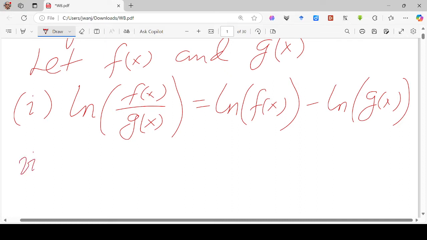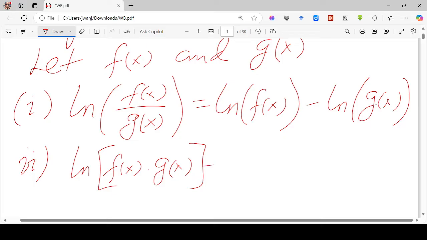And number two, the logarithm of f of x times g of x is equal to the logarithm of f of x plus the logarithm of g of x.